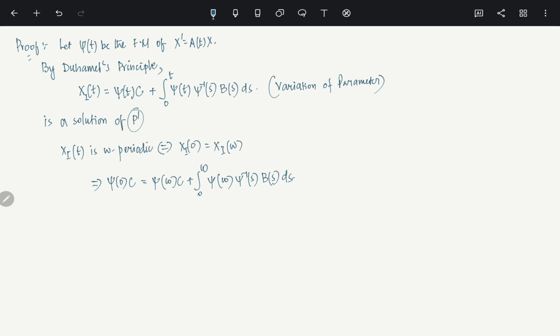So that's an if and only if condition again. And what does that imply? That will imply, if and only if, phi of 0 minus phi of W, applied to c, is nothing but this integral of phi of W, phi inverse of s, b of s ds. That's a system of linear equations. Now you see, the thing is, this system has a unique solution c.